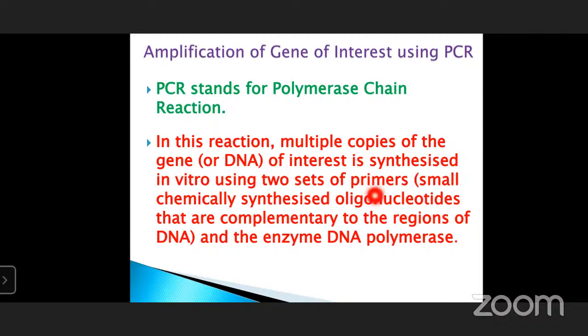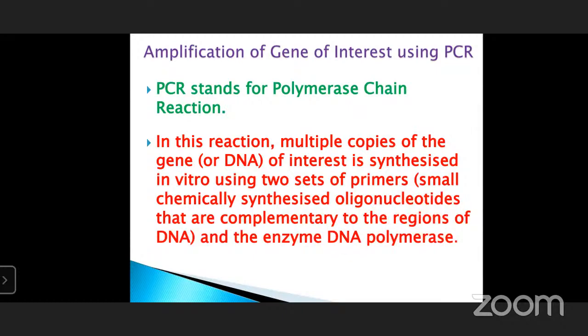primers. A primer is a small chemically synthesized oligonucleotide that is complementary to the region of DNA, and the enzyme is DNA polymerase, especially Taq DNA polymerase, which is used in this PCR along with the oligonucleotide primer.